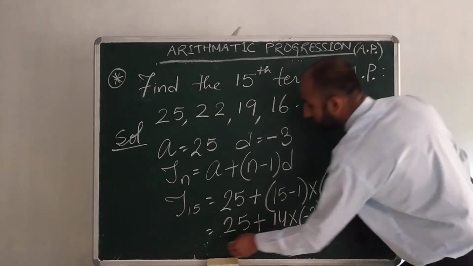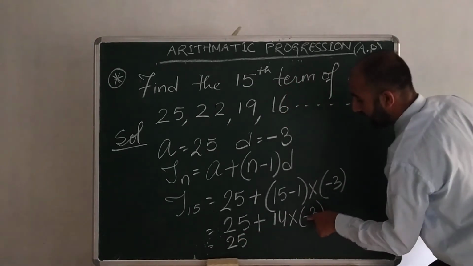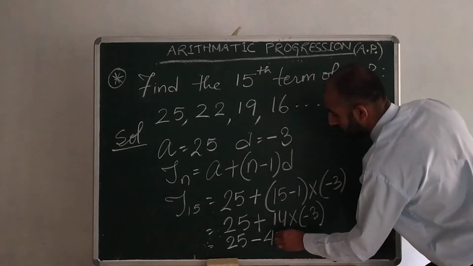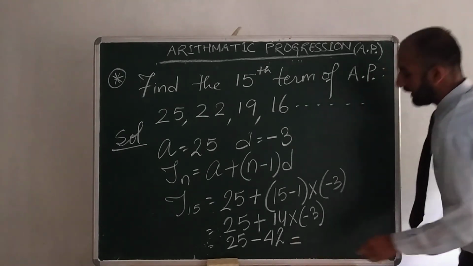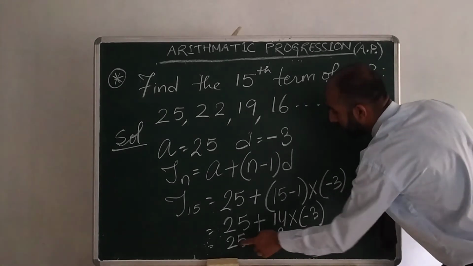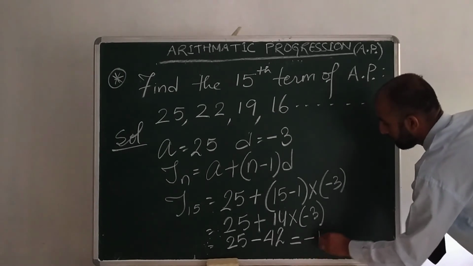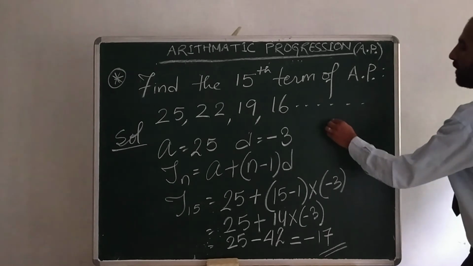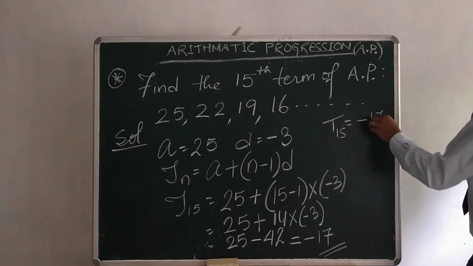So 25 plus into minus, that is minus, 14 3s are 42. So finally we'll get 25 minus 42, that is minus 17. So our 15th term will be minus 17.